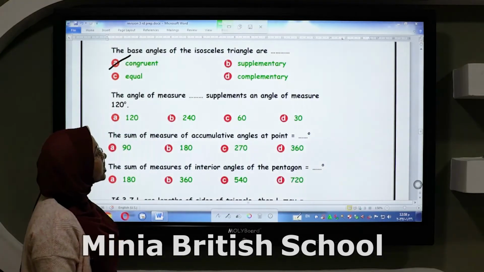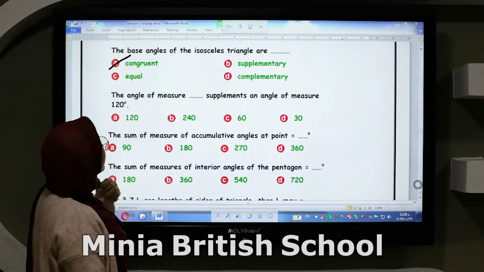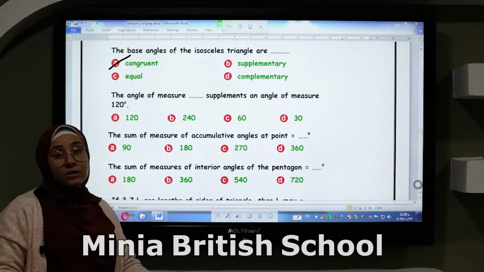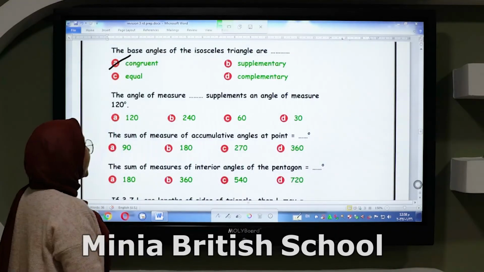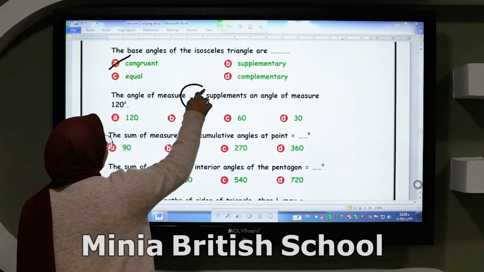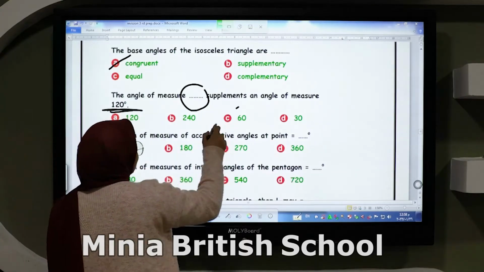The angle of measure, what? Some dots supplement an angle of measure 120. I said the 2 supplementary angles, their sum equals 180. So to find this angle, 180 minus 120 equals 60.